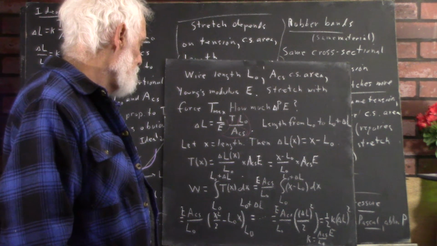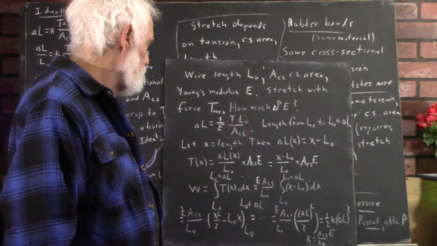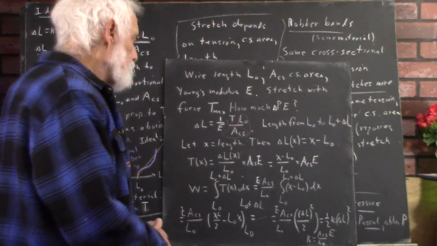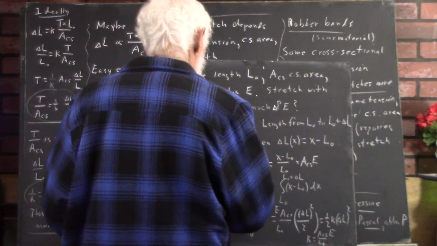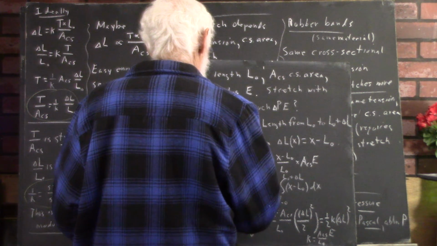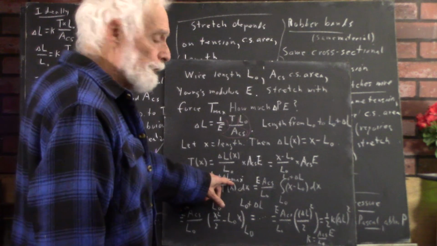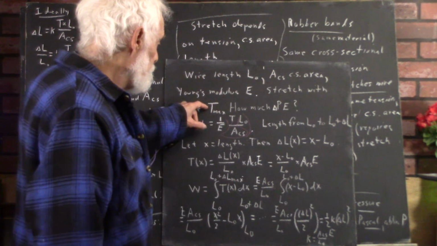And again, I'm going to amend my notation slightly. We'll call this delta L max, which is the delta L at T max.